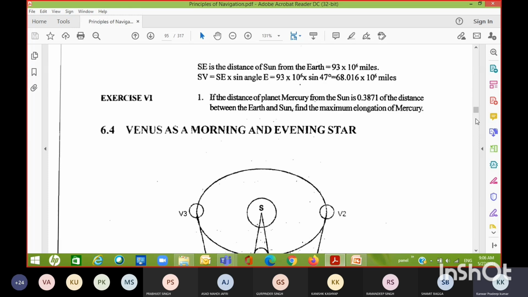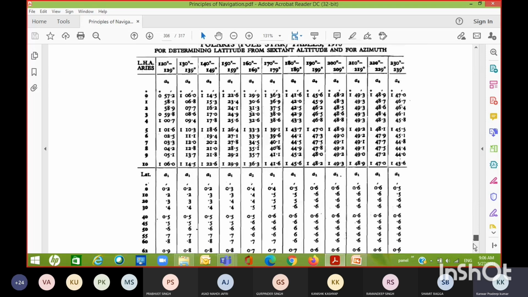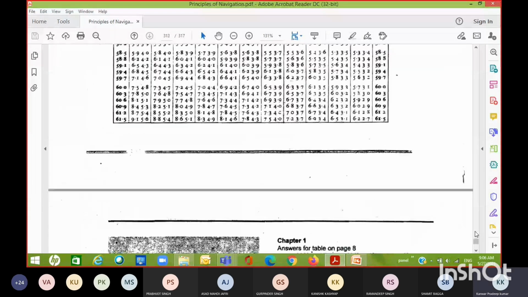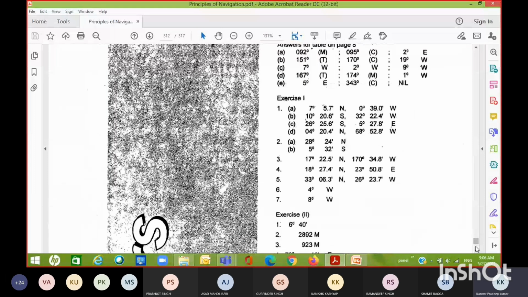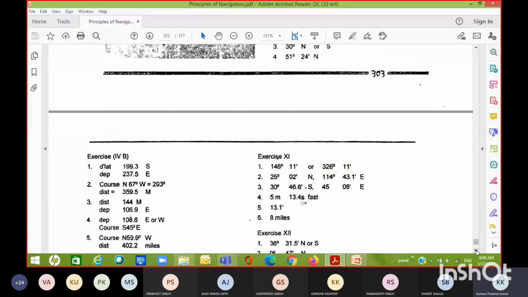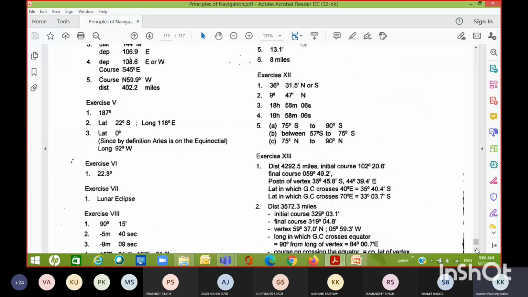Exercise 6. The answers are given at the back of the book. Answer should be 22.8 degrees.